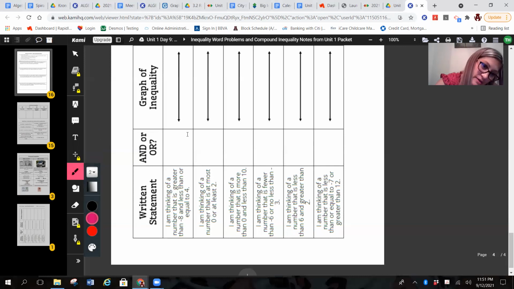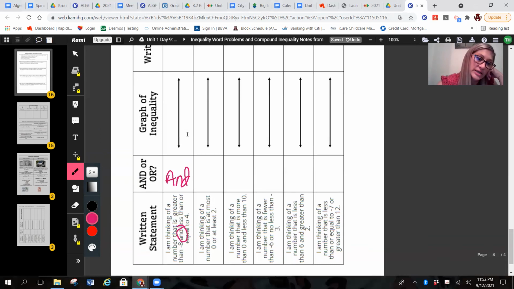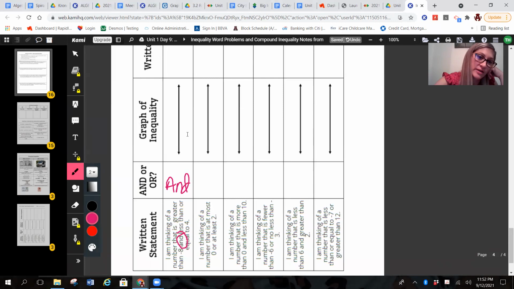I'm thinking that this is greater than -8, and then it says the word and. So it gives us two statements, but they connect it with an and word. I'm going to say that this is and. All right. And it says we need a -8. That's an 8, by the way, people. And less than or equal to 4.